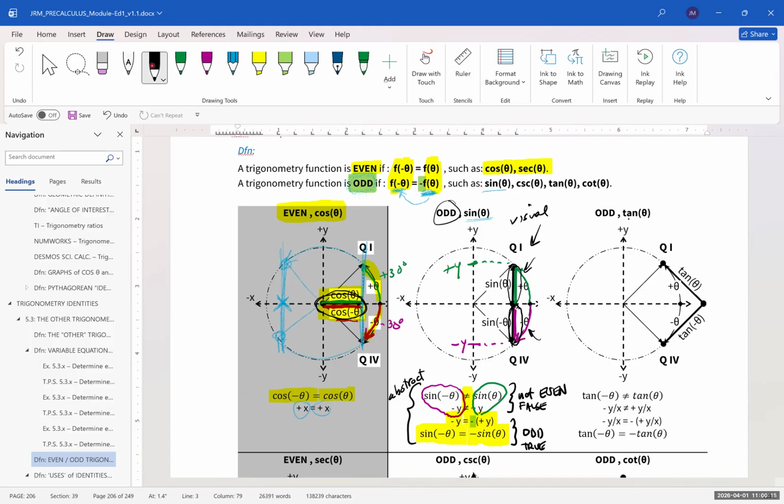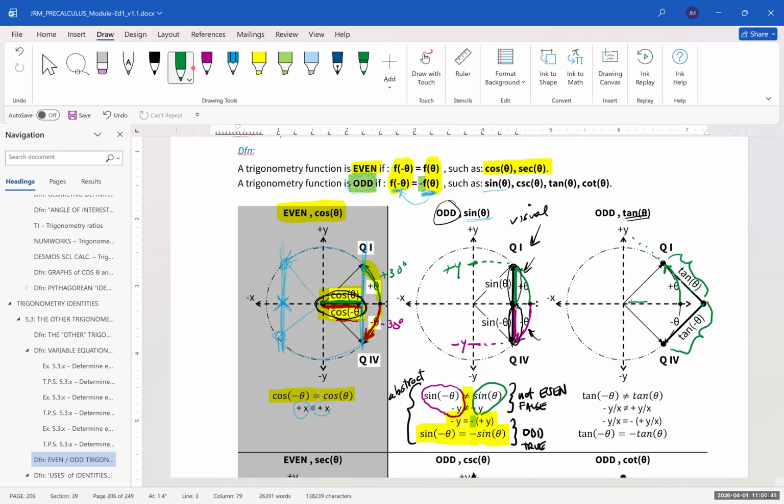Now let's look at tangent. When you have a positive angle like this, and you've got that line tangent to it, the tangent value is this value here. And this value will be different from that one.